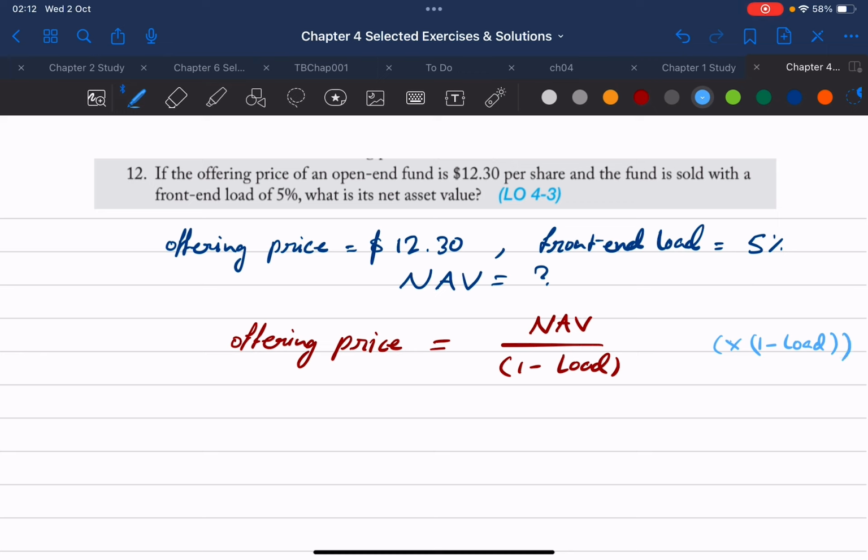And that will make my formula offering price multiplied by 1 minus load equal net asset value, as this term here would be removed.